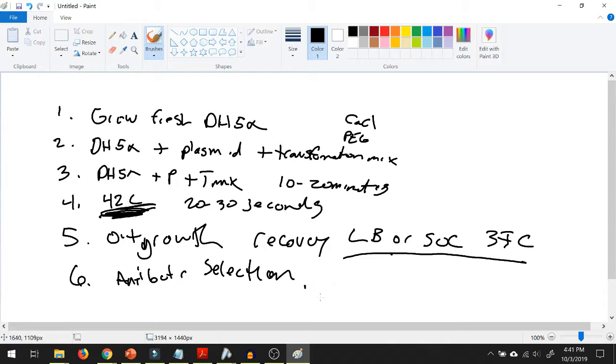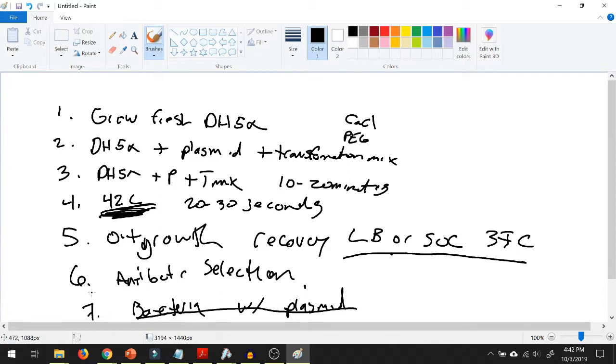So when you put them on the antibiotic selection, the ones that have the gene should live, and the ones that don't should die. So at the end, you should have bacteria with plasmid. It's not always the case. Sometimes you get contamination or something else, but that's generally what should happen. Bacteria with plasmid at the end.